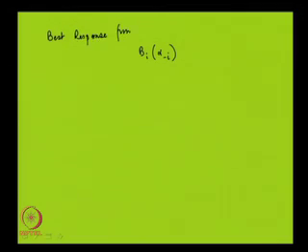Here also we can use the idea of best response functions, but here the best response function of player I is given by this, and this is given by an alpha I, which means that the best response functions of players are not giving us some particular action, but they are giving us a mixed strategy.